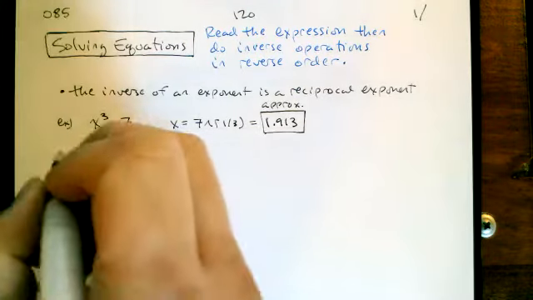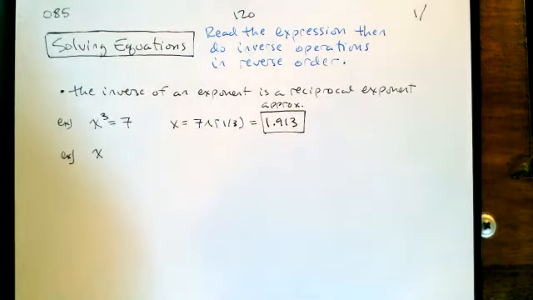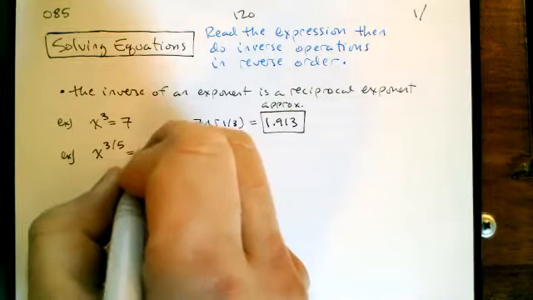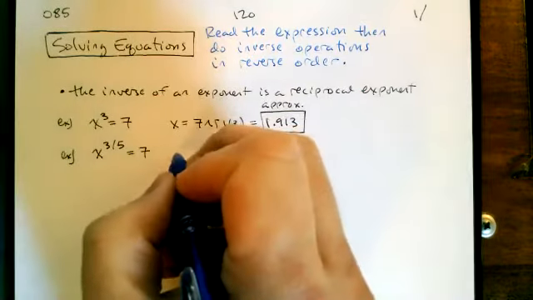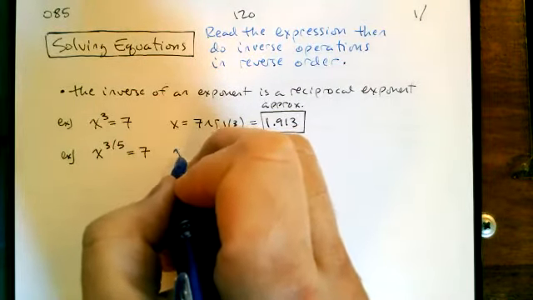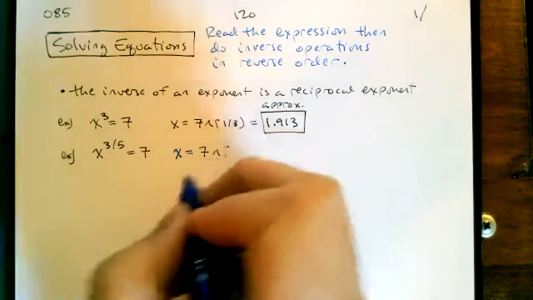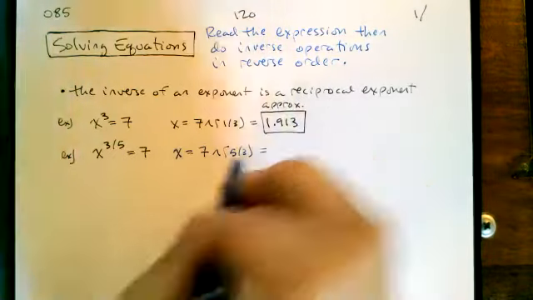If we had an equation involving an exponent, let's say x to the 3/5 equals 7, then the inverse operation is a reciprocal exponent. So to solve, we would write x would be 7 raised to the reciprocal of the exponent on x, 5/3 power.